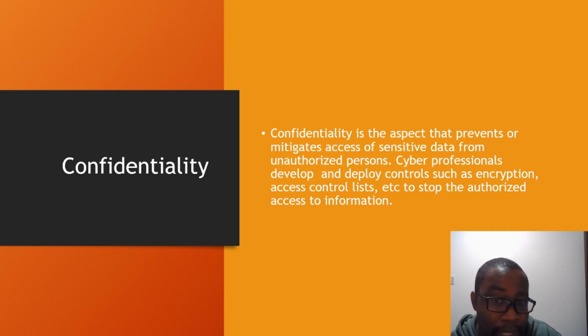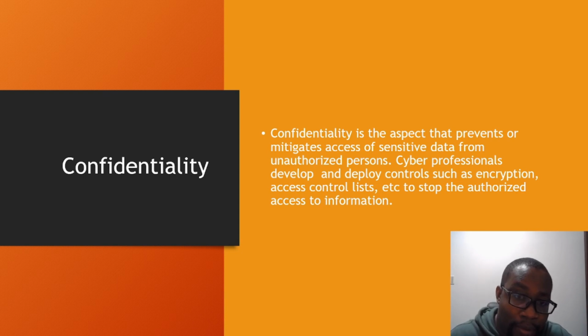You have to have the decryption key to unjumble it to find out what the original message was, right? By doing that, you're preventing the data or that process or that system from being accessed by someone who's not supposed to have it, right?